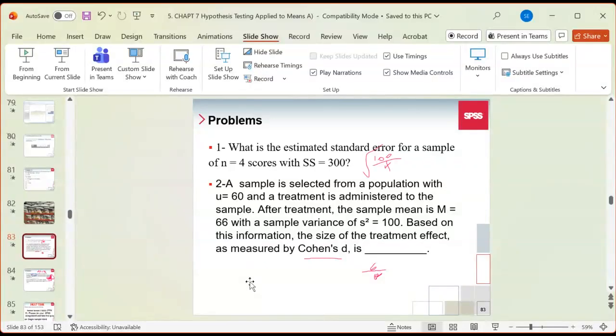The formula for the estimated standard error for this t-test, the single sample t-test, depends on whether you use variance or standard deviation.